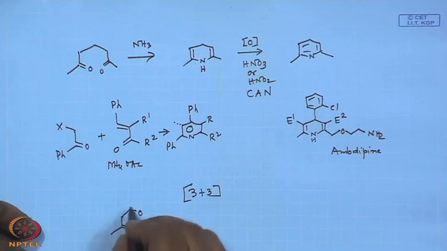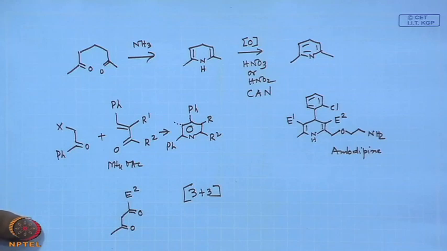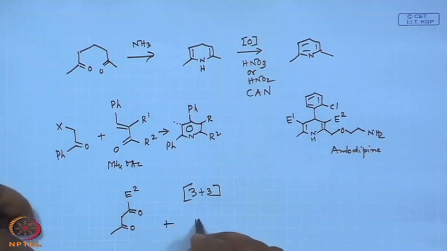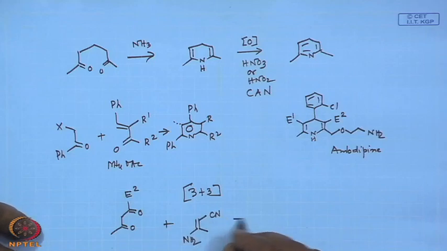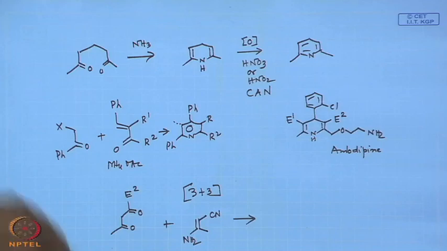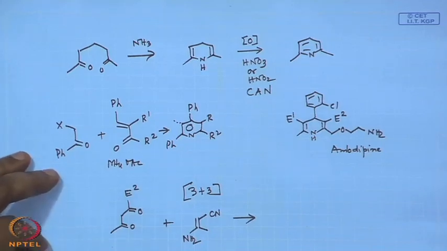Okay. Now, if you begin with a molecule of this kind, as I said, and then take an enamine, you can easily predict the product of the reaction, right. So, what could be the product?